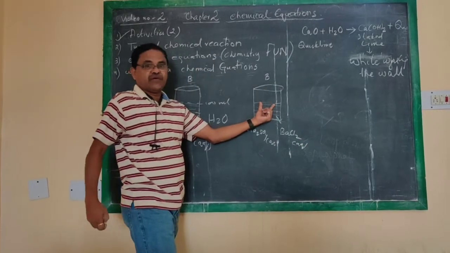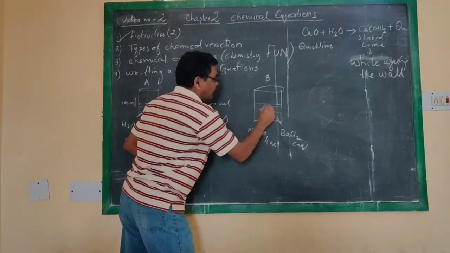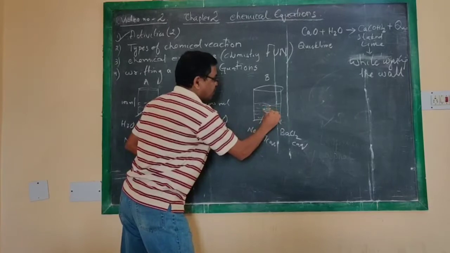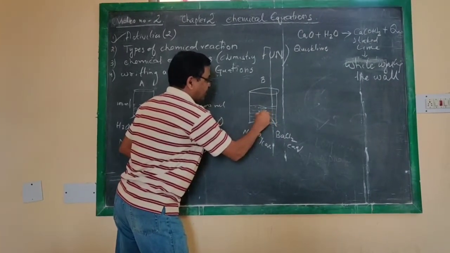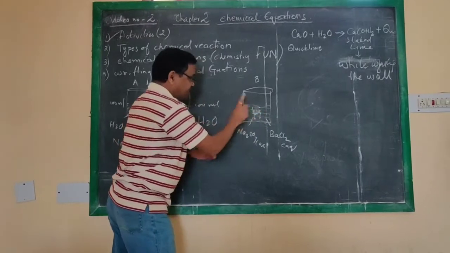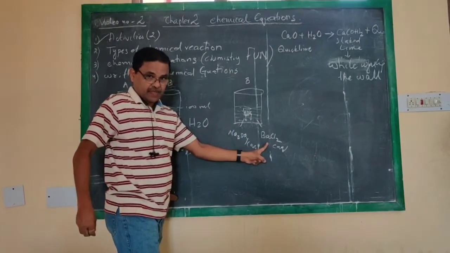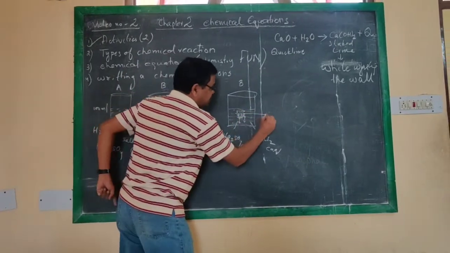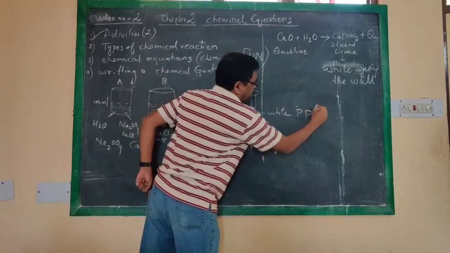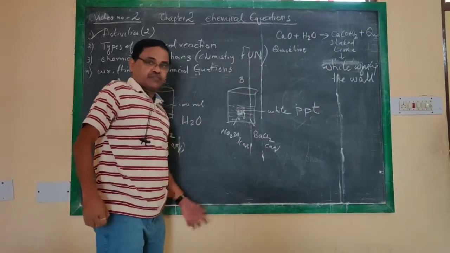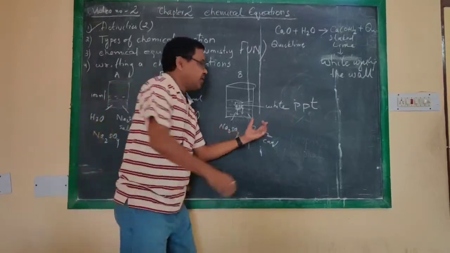Immediately you see a very interesting observation. A white, insoluble substance goes down to the bottom of beaker B. This is a white precipitate.